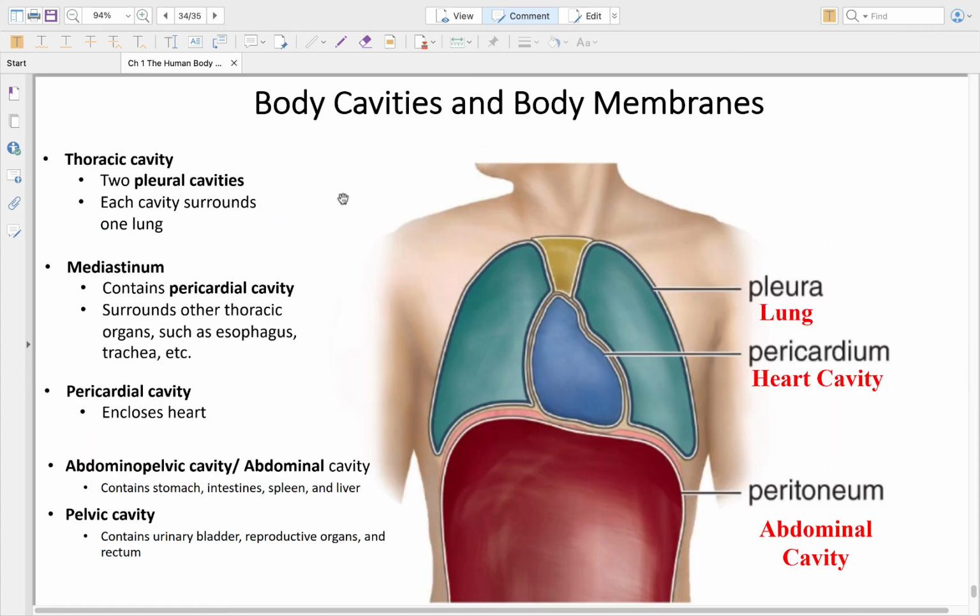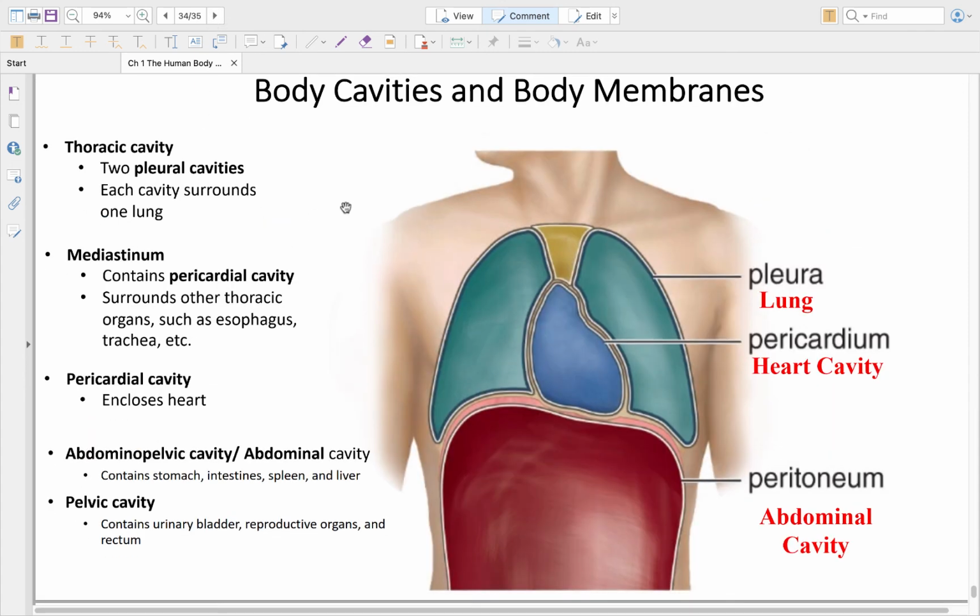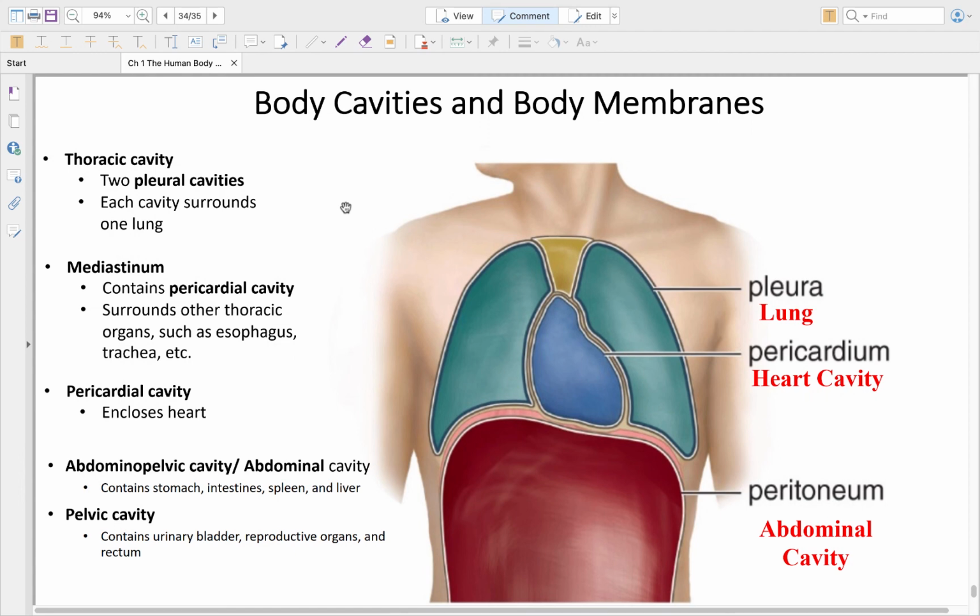So if we look closely, these cavities are incredibly significant. Ultimately, all we're showing you here is kind of repeat information, but I want you to understand a couple of things here. Pleura is in reference to lung. Anytime you see pleural, like this, pleural cavities, pleura, that means lung, and I want you to think lung immediately.